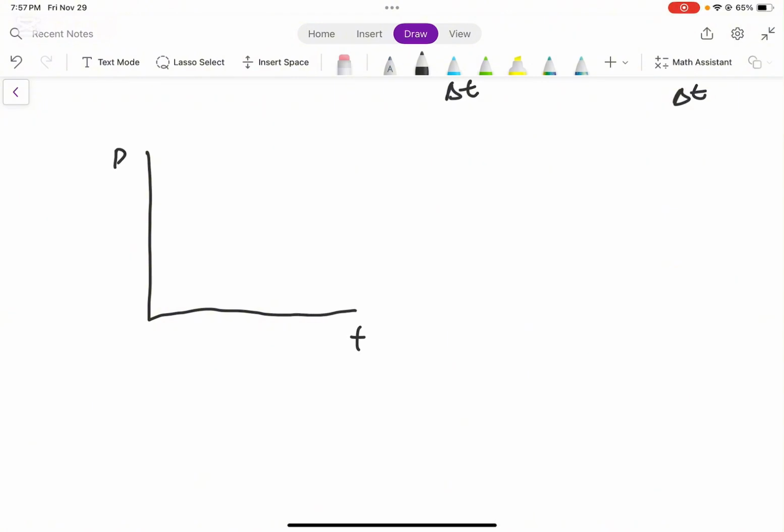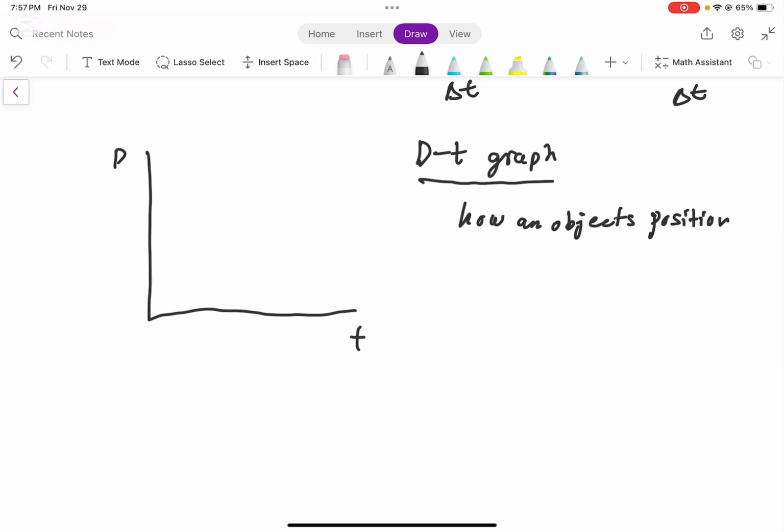A dt graph basically represents how an object's position changes over time.